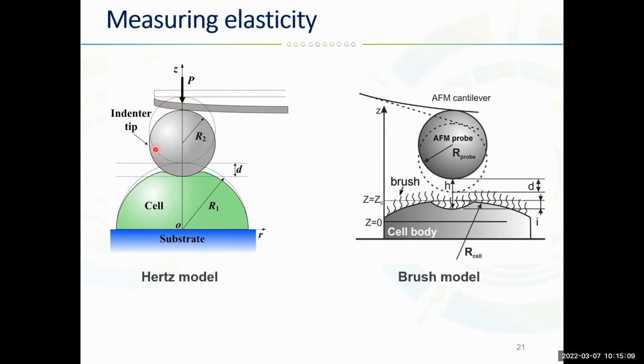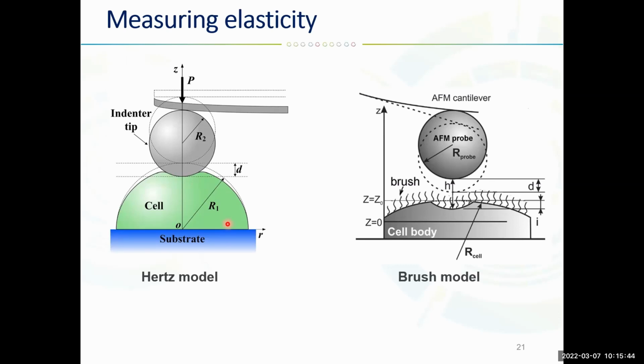And we have our tip with the radius R2. The Hertz model and different modifications of this model have been quite widely used to determine the elastic modulus of the cells. So in this model, the cell is assumed to be a homogeneous material, and the cell border is considered to be a well-defined interface.